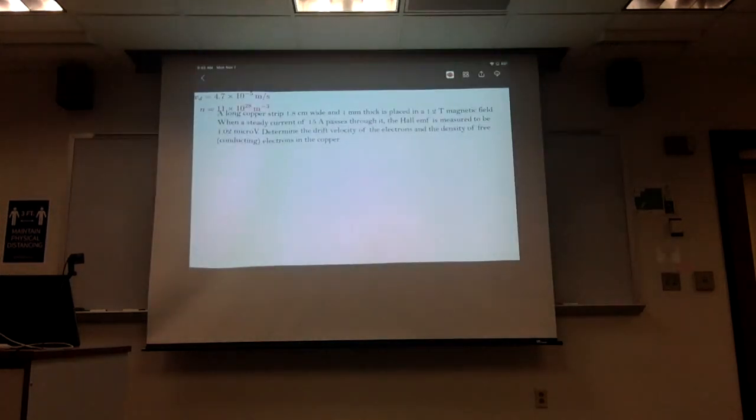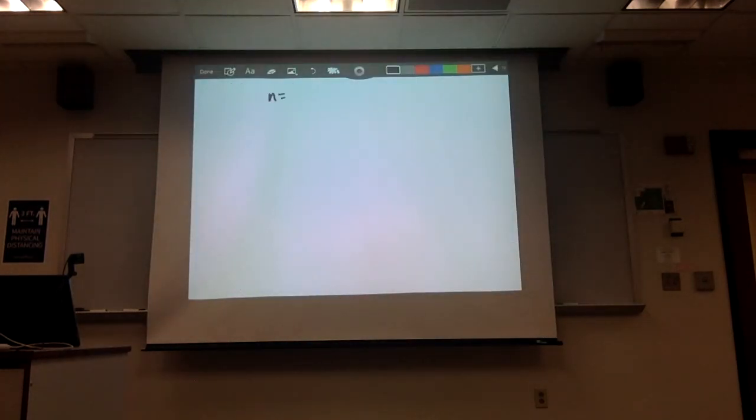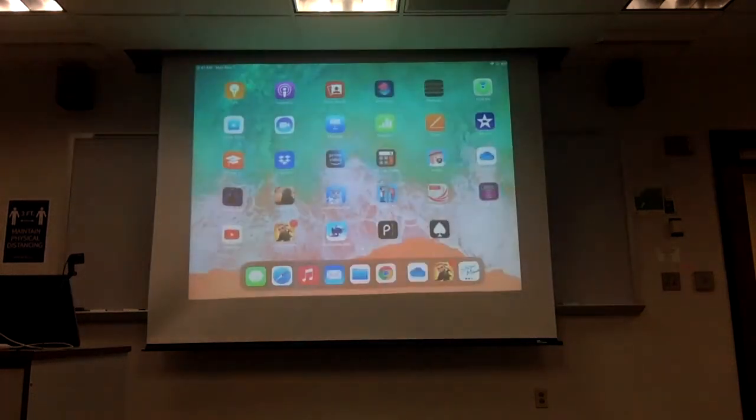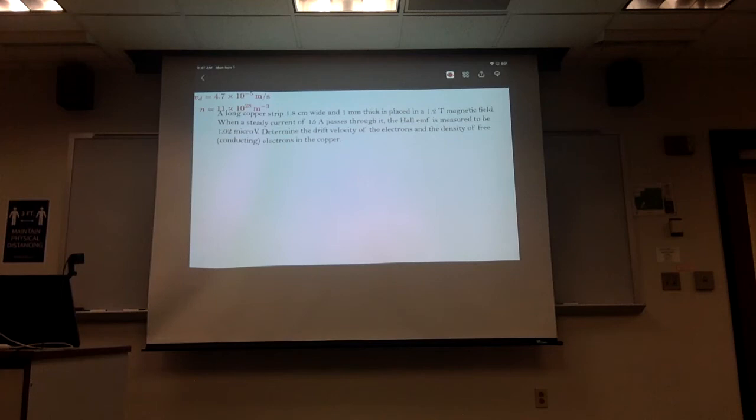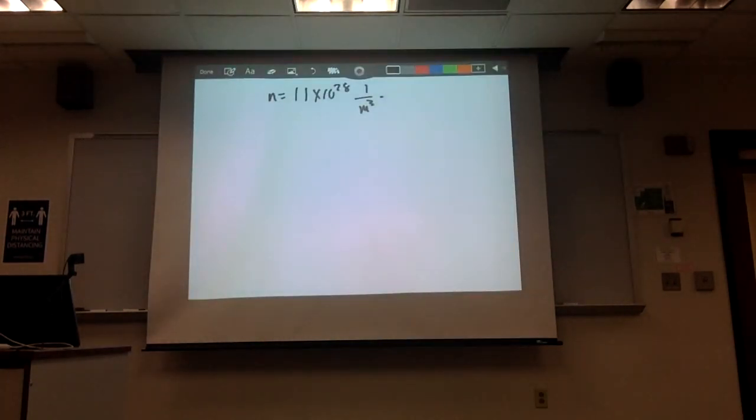Okay. So plugging in, what I find is then 11 times 10 to the 28th. So my number density then ends up being 11 times 10 to the 28th per meter cubed.